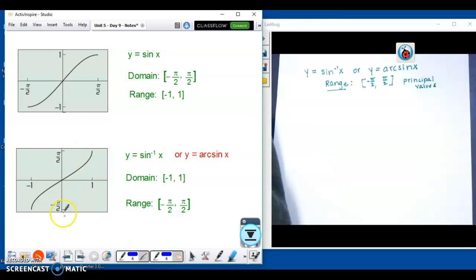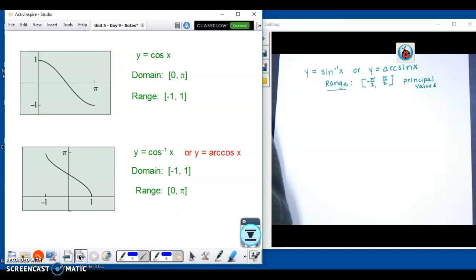Okay, now we're going to move on to cosine x. If you were to graph the regular cosine x, this is just a portion of the graph here. We're going to be focusing on the inverses today. If we have y equals cosine to the negative 1 x or arc cosine x, those mean the same thing.